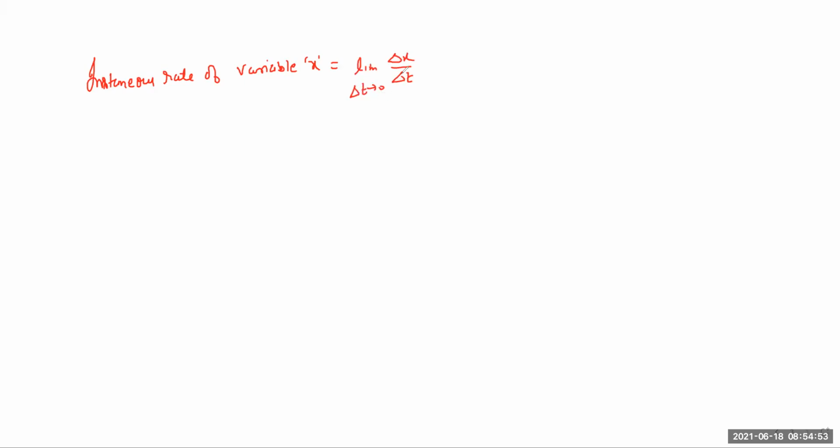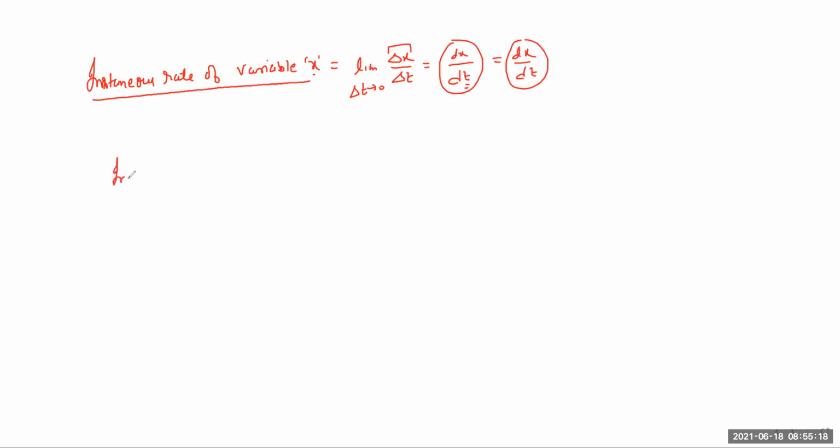Now when delta t tends to zero, it's good to write this as dt. And when time is very small, then delta x will also be very small, so we can say dx. So it turns out to be a derivative formula, but the variable by which we differentiate is time. So this becomes dx by dt, and this acts as the instantaneous rate of change of variable x.